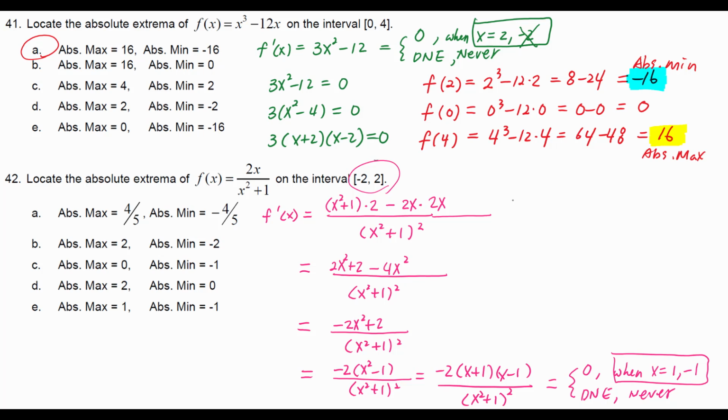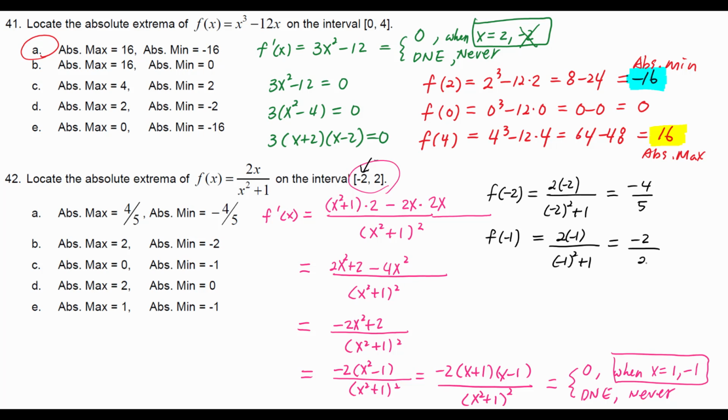So first one, f of negative 2 is 2 times negative 2 over negative 2 squared plus 1. So I get negative 4 over 5. F of negative 1, one of the critical numbers, is 2 times negative 1 over negative 1 squared plus 1. So you get negative 2 over 2, which is -1.